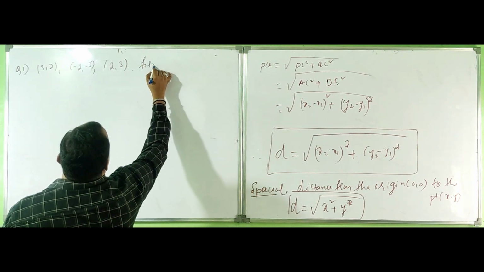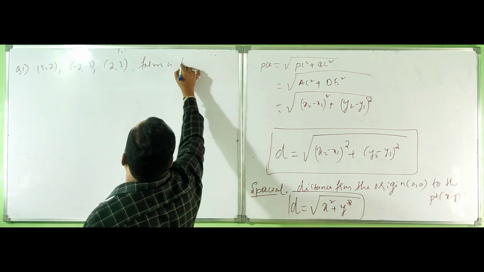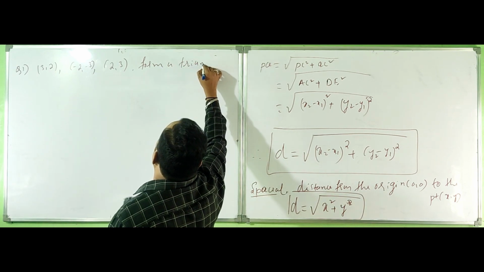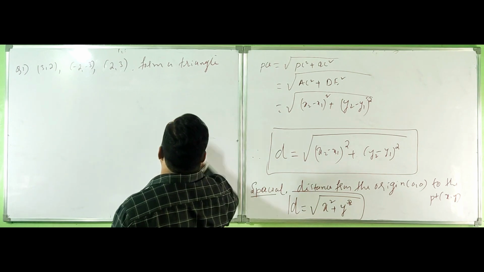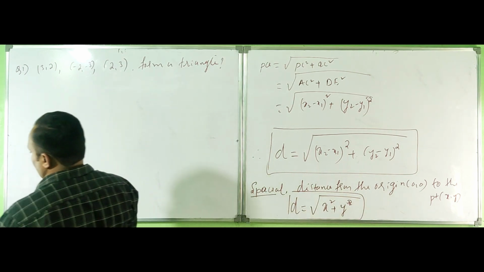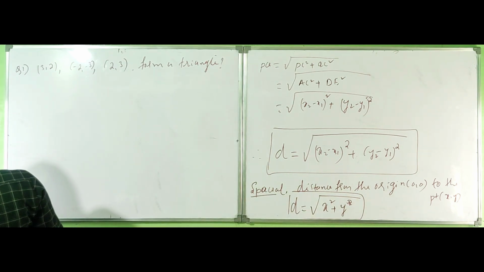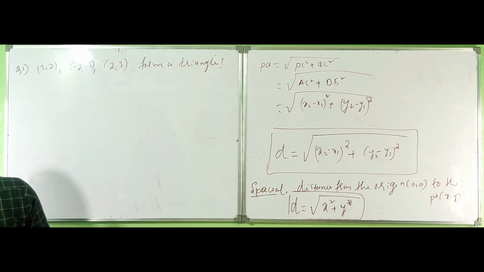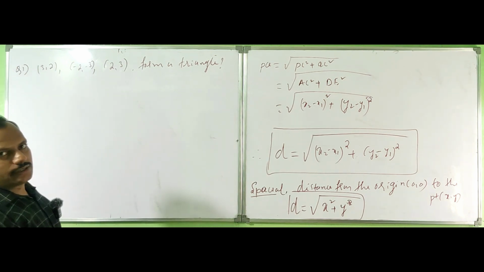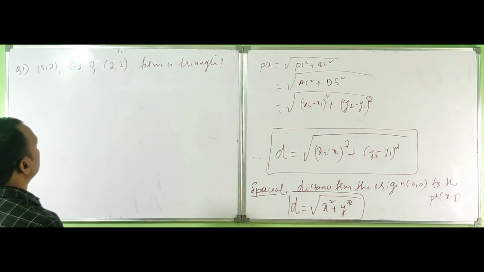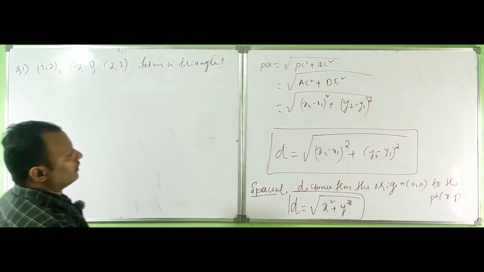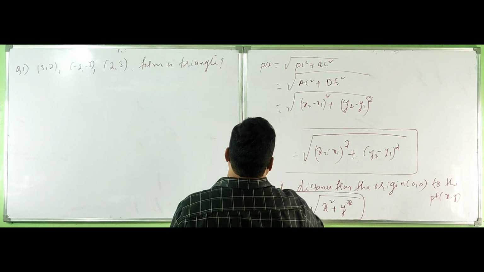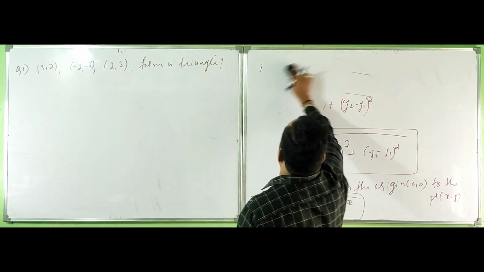And name the type of triangle formed. By the distance formula you can see, and by the diagram also we can see.